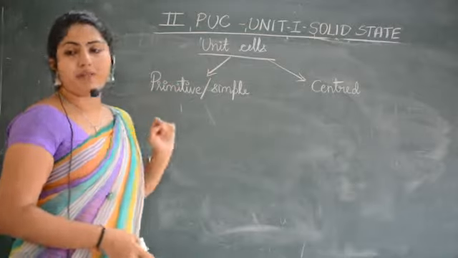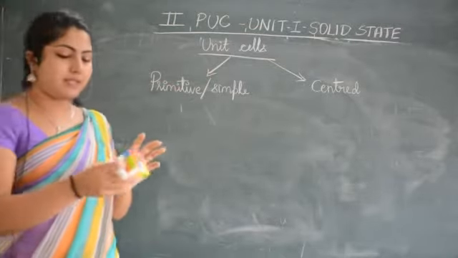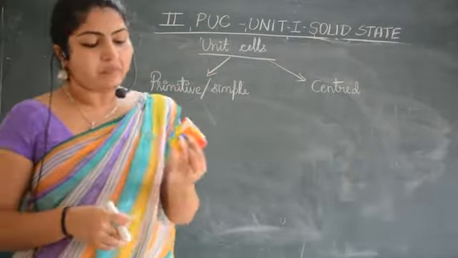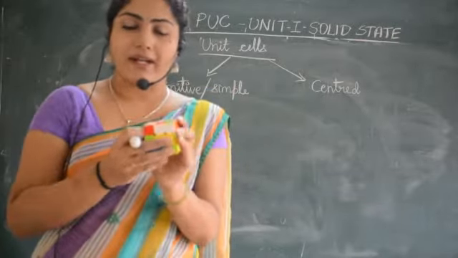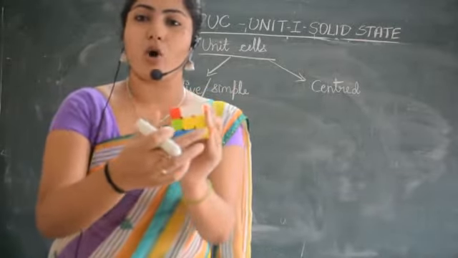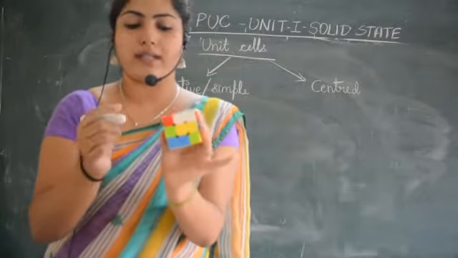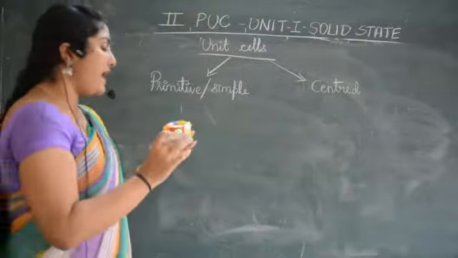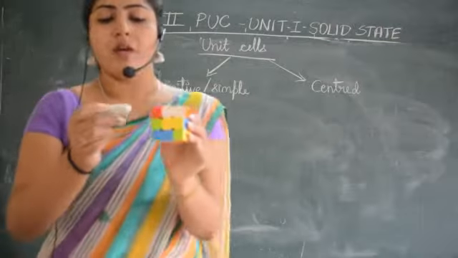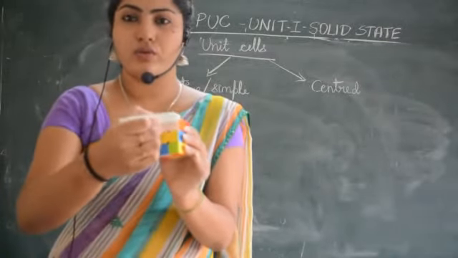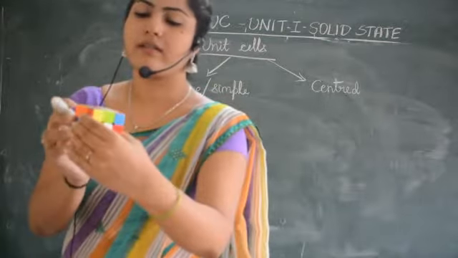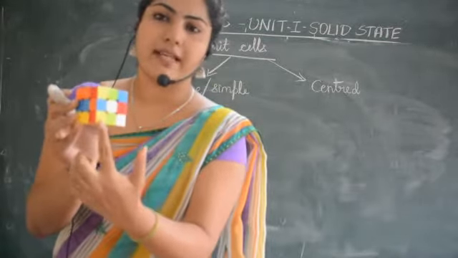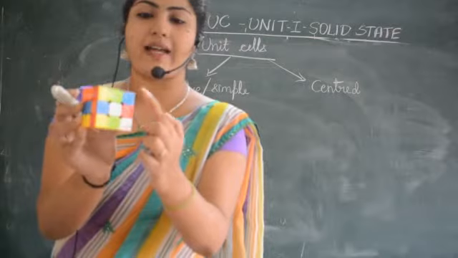What is a primitive unit cell? Primitive unit cell means, imagine that you have the constituent particles only at the corners. Which are the corners here? I have told you there are 8 corners. 1, 2, 3, 4, here 5, 6, 7 and 8.